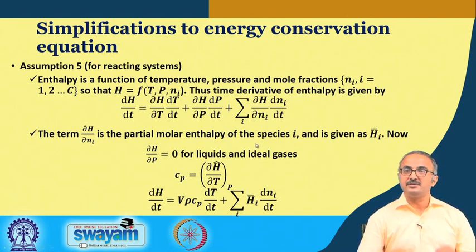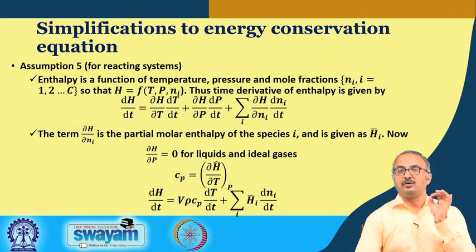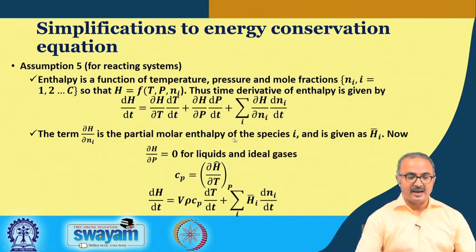Okay. So, this we call the partial molar enthalpy for species i. This particular definition of partial property may be extended to any other property. So, this means that we vary the amount of one species, keeping the other species constant, at a given temperature and pressure. Okay, and this particular thing is replaced by h over bar i.